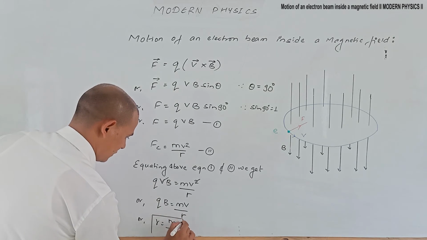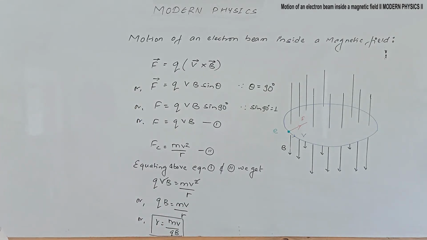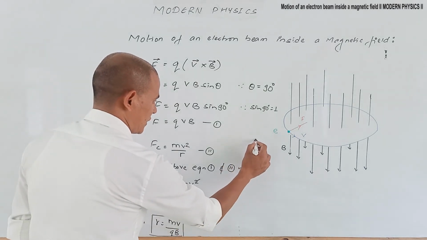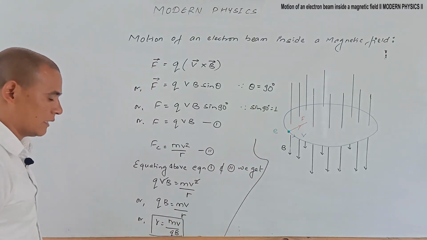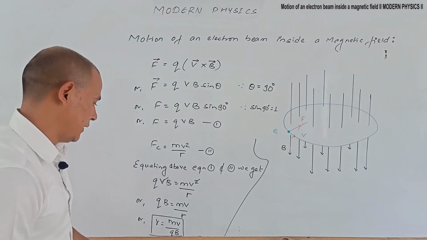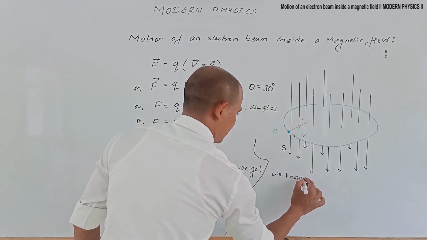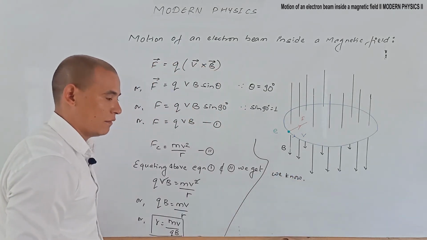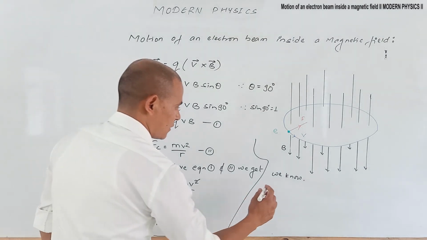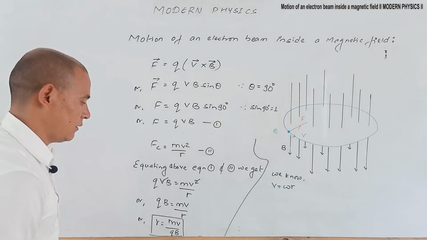From this equation we can calculate the radius of the electron beam moving inside the magnetic field. Also from this equation we can calculate the frequency and time period. As we have studied in class 11 in circular motion, velocity equals omega r.